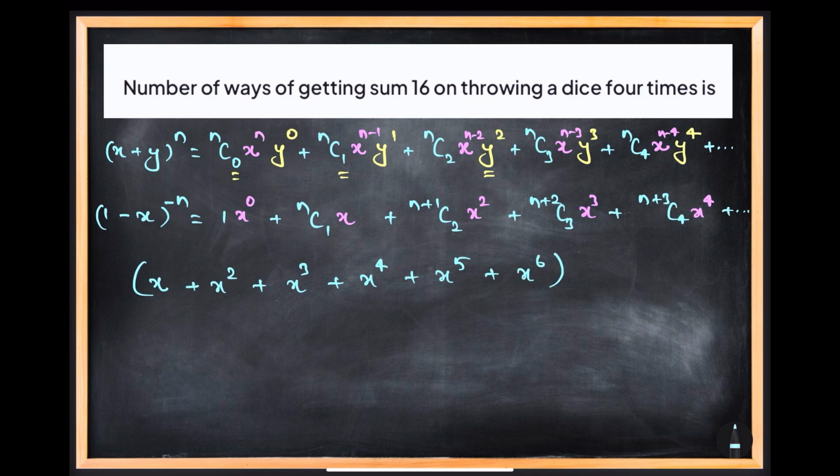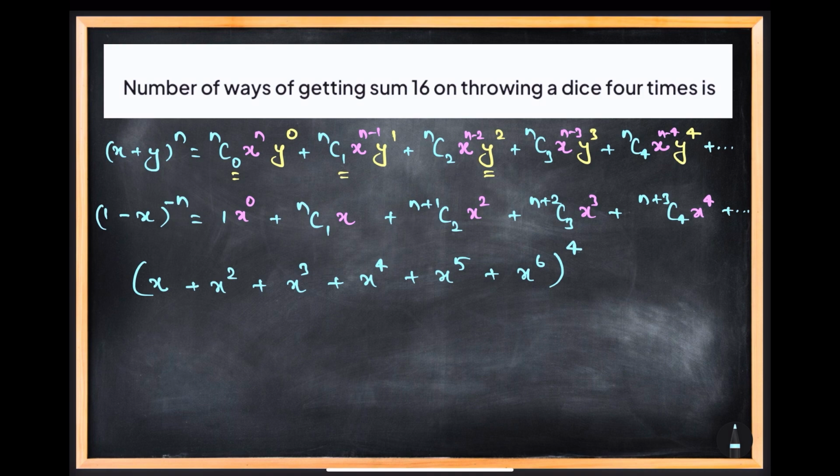Correct? So this is the outcome of dice number 1. And you know that you are throwing a dice 4 times. So same thing for the next dice, and the next, and the next. Same thing multiplied by same thing multiplied by same thing multiplied by same thing will be same thing to the power 4. Correct?